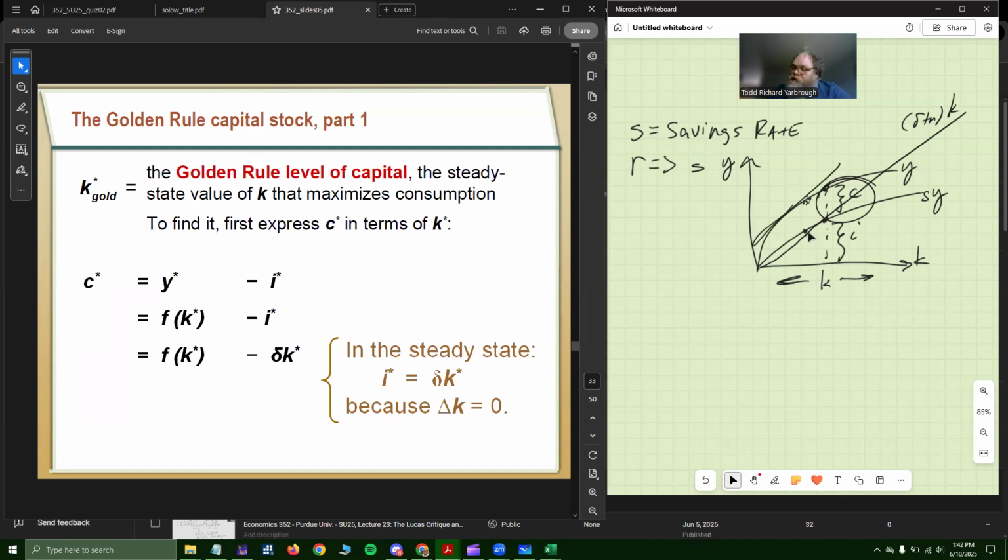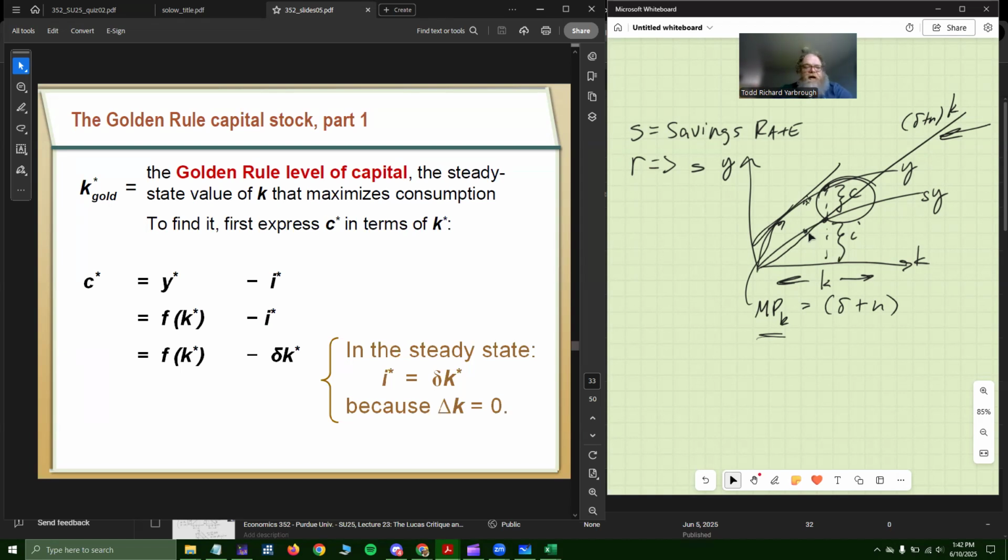So what does this mean? The slope of the production function is the marginal product of capital per worker. So we need the marginal product of capital per worker to be equal to the depreciation plus population growth rate, because that is what defines the slope of the depreciation line.